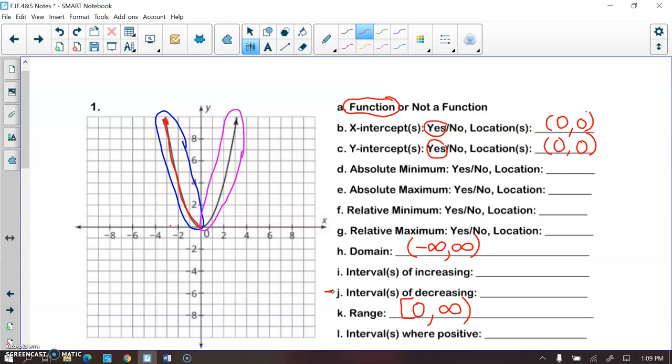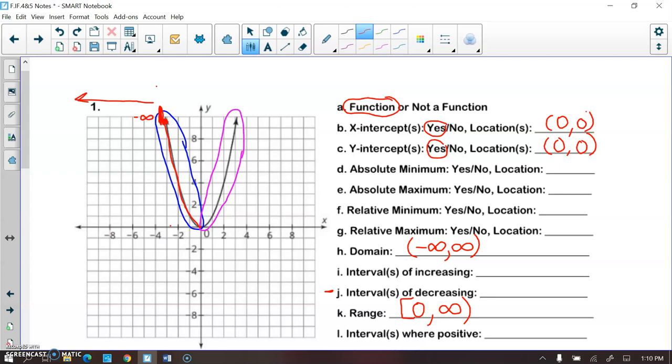And what we do is in that blue section, we report the x values of where the graph is decreasing. So in that blue section, my leftmost x value, since it's trending this way, is going to be negative infinity. We're not reporting the y values.